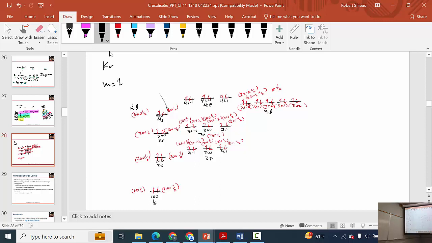The quantum numbers are written N, L, M, S. So it's the third number that is m. So how many electrons have the third number, m, equals 1?